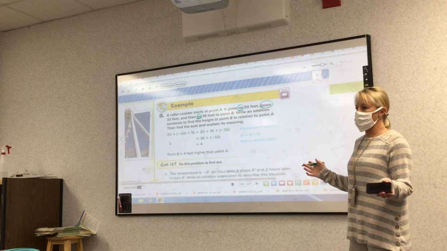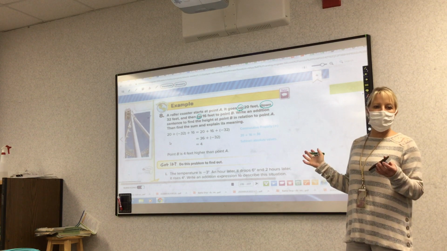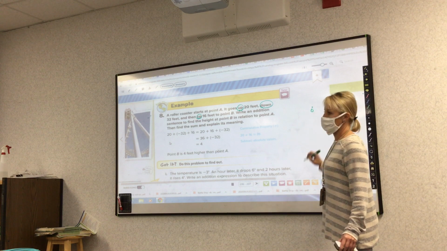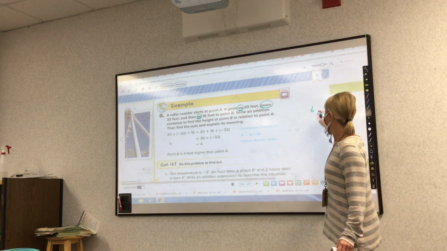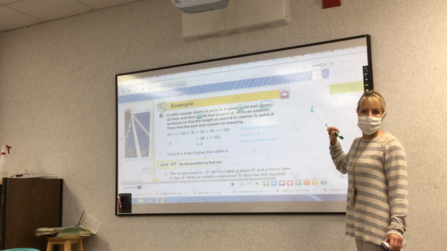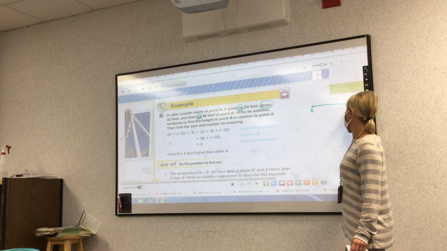Just as an example, if I was to make a graph, make a number line, show a picture of it, I start at 0, because everything's going to start at 0 on that roller coaster. And if I go up, I'm going to do a horizontal number line. I'm going to go to the right 20.